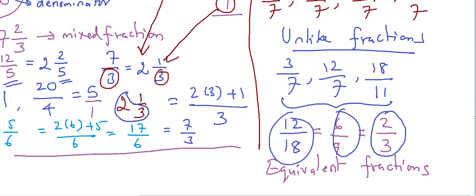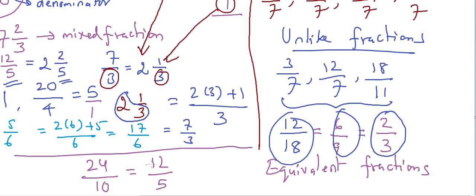Suppose you get the result as say 24 by 10, then it should be written as 12 by 5, because both 24 and 10 are divisible by 2.